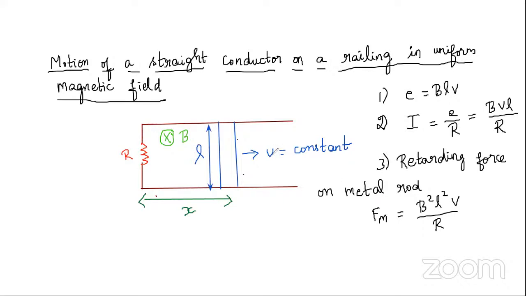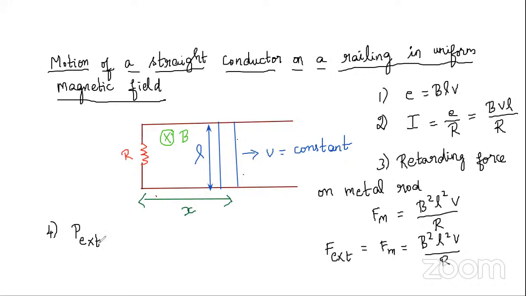So here F external, the mechanical force, is equal to the retarding force, that is B squared L squared V divided by R. Now the rate of doing mechanical work can be represented as power.